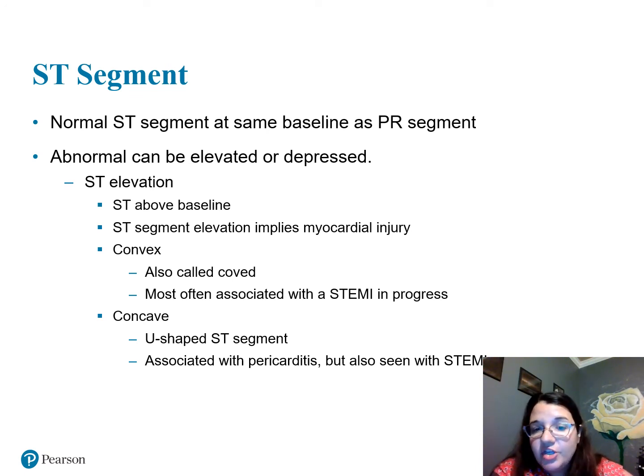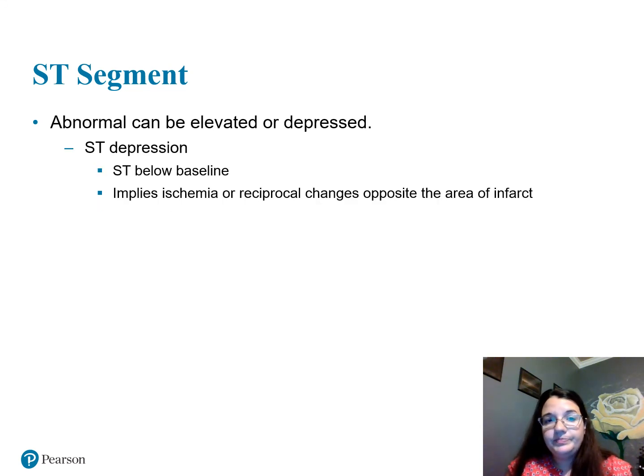Concave is going to look like a U segment, and it is associated with pericarditis, but is also seen with a STEMI. So you have two forms of ST elevation. Remember, ST elevation would imply an injury, and we're on our way to an infarction. We have convex, which looks like a coved appearance, and we have concave, which looks like a U.